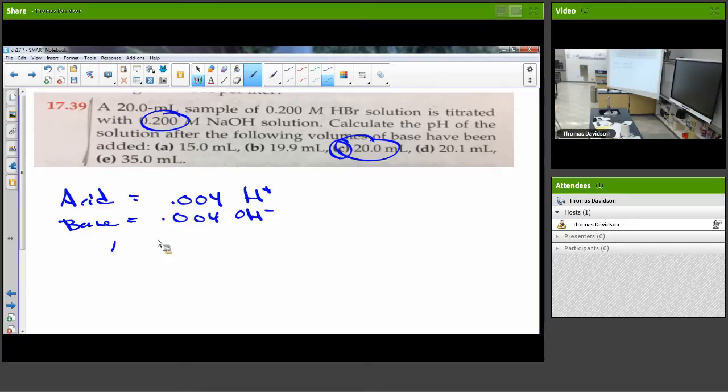And what's the difference equal to? So you do 0.02 times 0.2. Zero. Now, if there is no excess H plus or OH minus, then we would say they're equal, and we would call that pH neutral, which is 7.